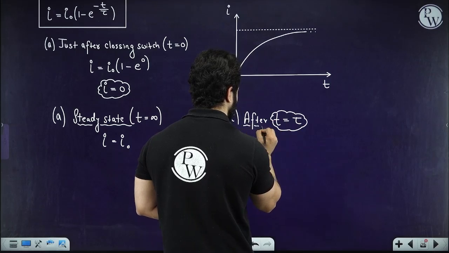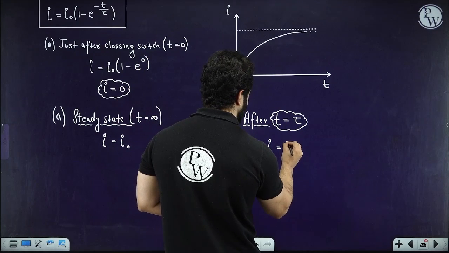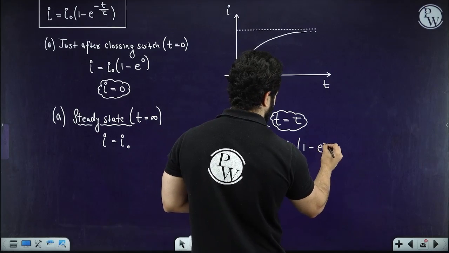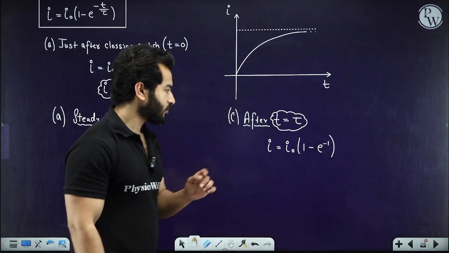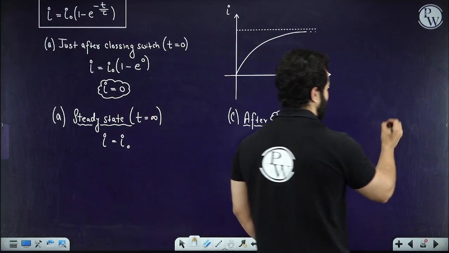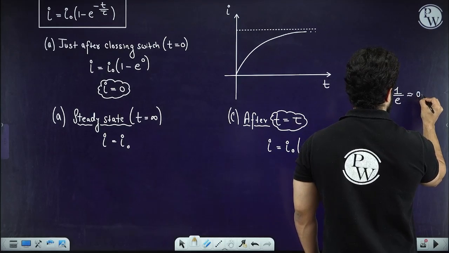So if t equals tau, this would basically mean I equals I naught times (1 minus e to the power of minus 1). e to the power of minus 1, that is 1 upon e, is around 0.37.